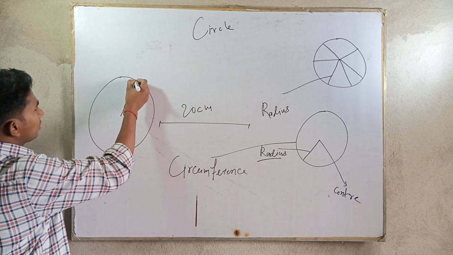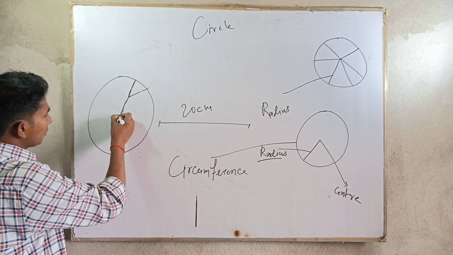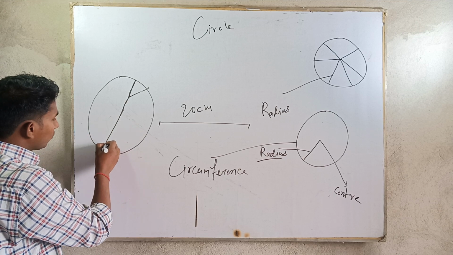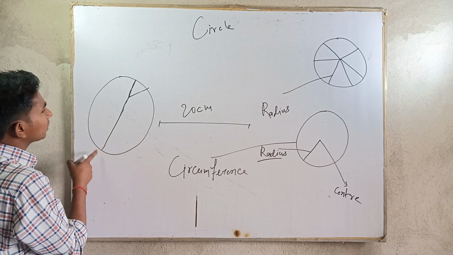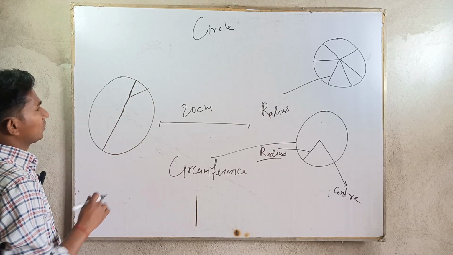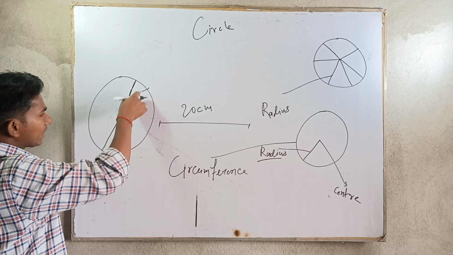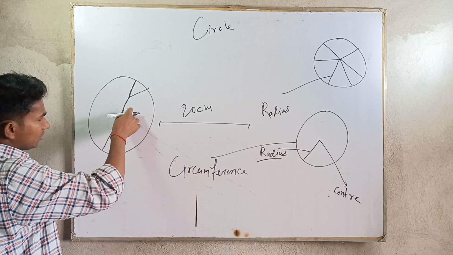When this line is touching the center and going toward the other side of the circumference, this is called the diameter.